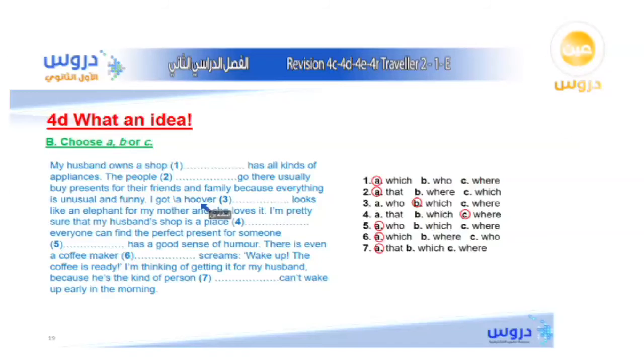I got a Hoover which looks like an elephant for my mother and she loves it. I'm pretty sure that my husband's shop is a place where everyone can find the perfect present for someone who has a good sense of humor.